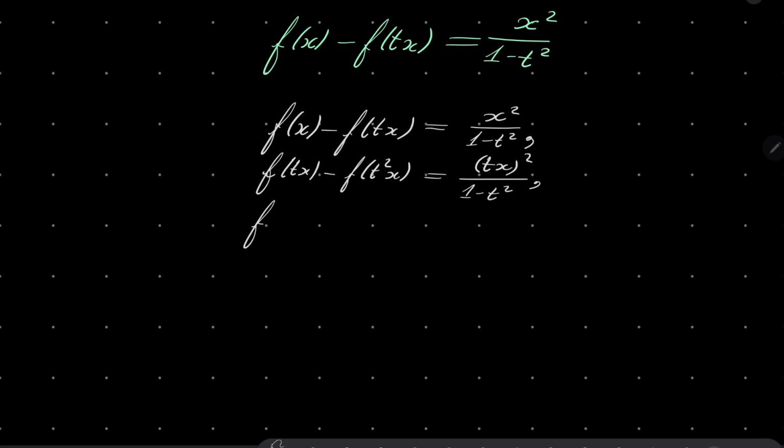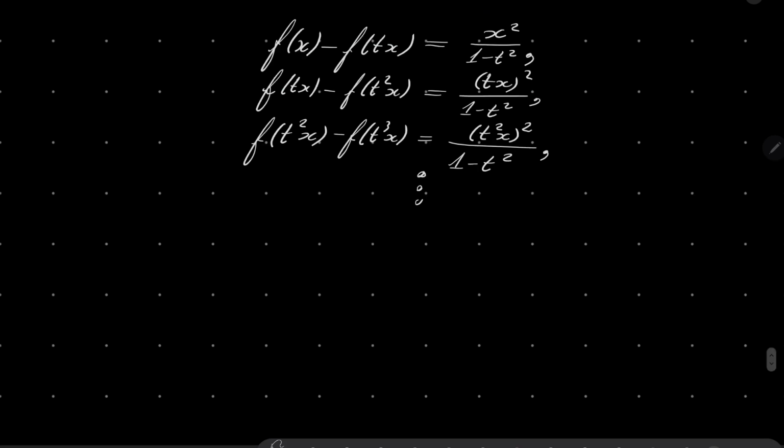Let's do it once more. f of t squared x minus f of t cubed x equals t squared x squared over 1 minus t squared, and so on and so on.